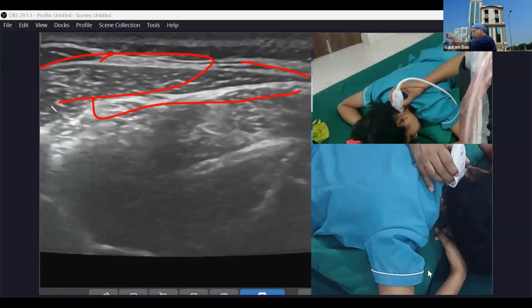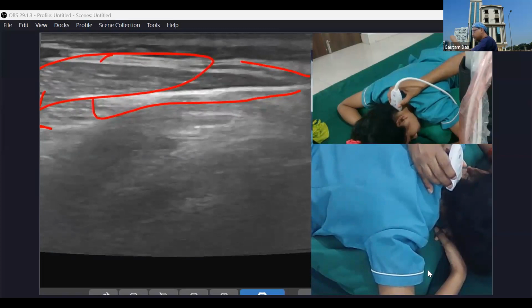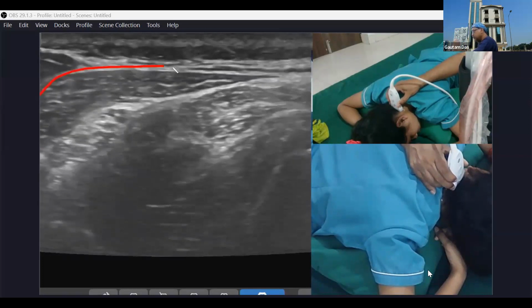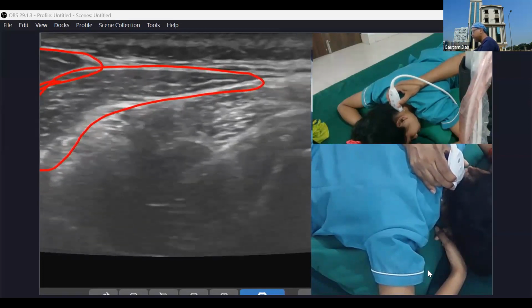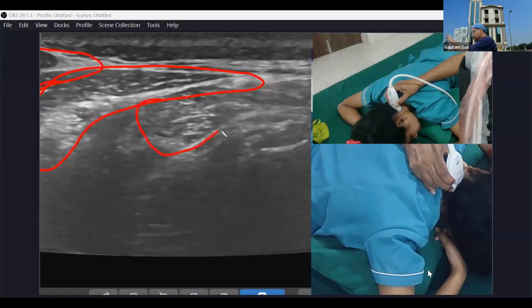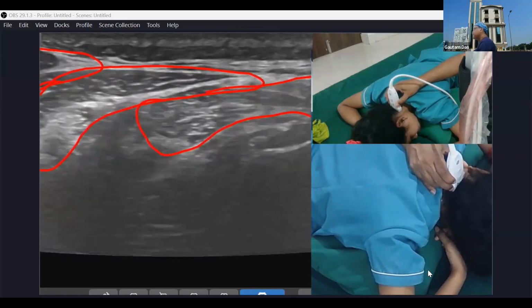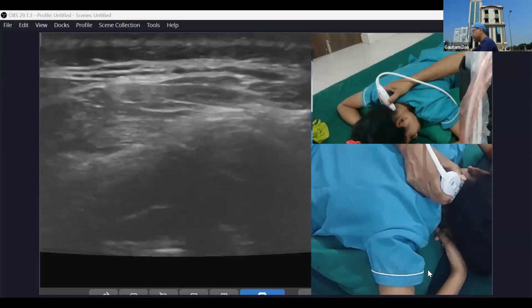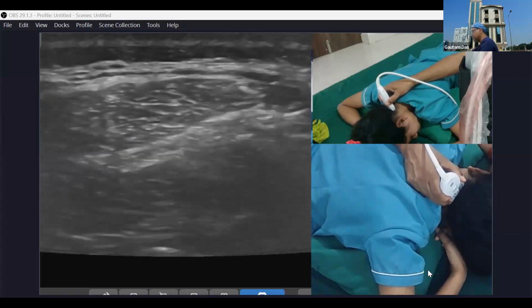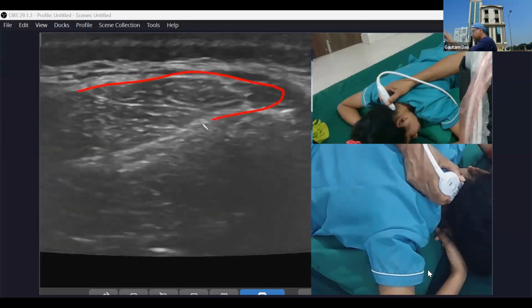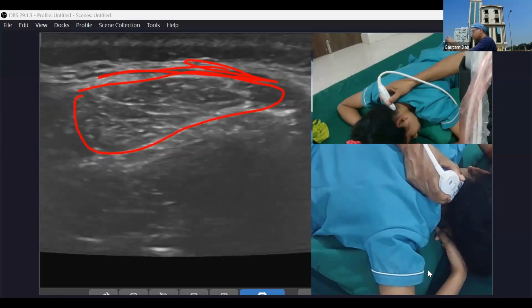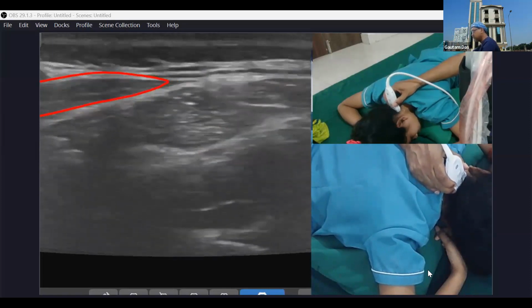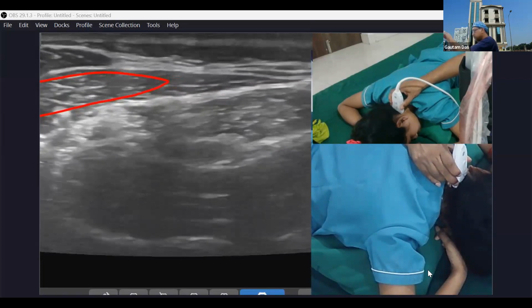If I am coming more medially, this muscle is the splenius capitis, because I am holding the probe a little more laterally. So from the midline, this muscle on the screen is your semispinalis capitis, this was your trapezius. Now, if I'm coming laterally, the muscle appearing is your splenius capitis.